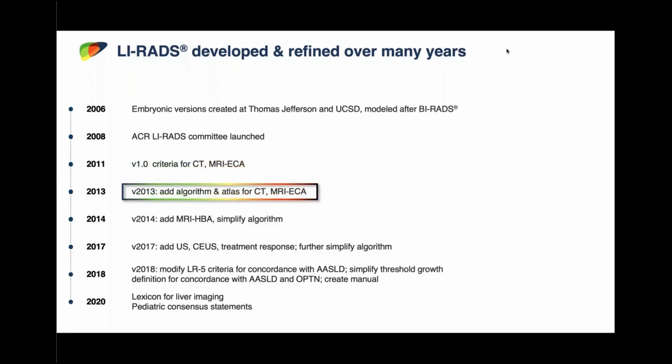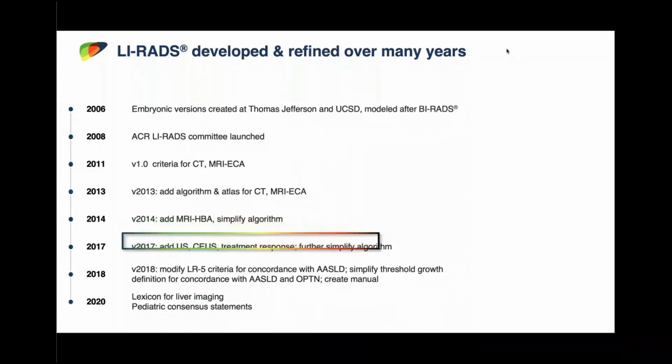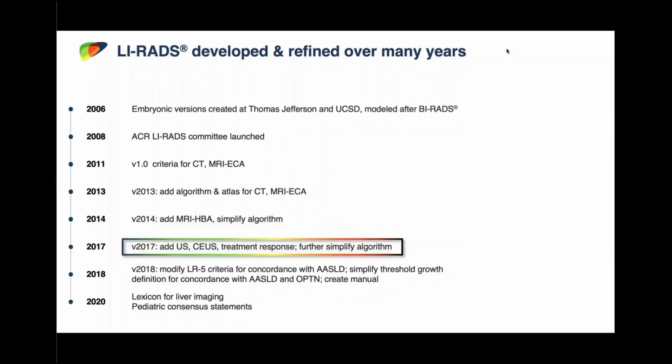In 2013, we developed an algorithm and an atlas, but it still applied only to CT and MRI with extracellular agents. In 2014, we added hepatobiliary agents to LI-RADS, and in 2017, we added ultrasound, contrast-enhanced ultrasound, and we also developed a treatment response algorithm.